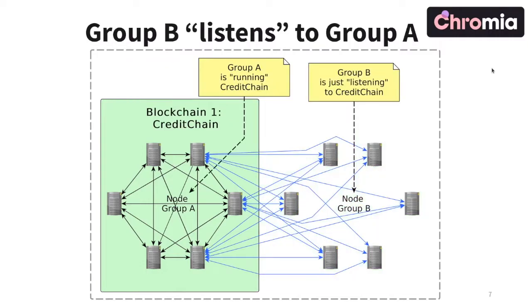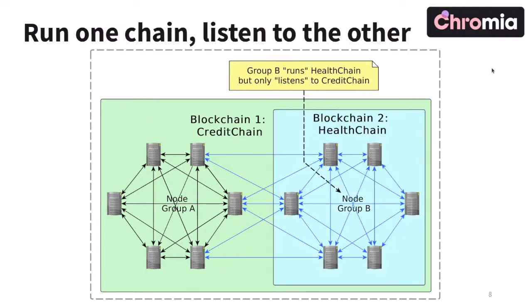But we also support this kind of scenario where the group A nodes are producing data on this dapp, Credit Chain, while group B are just listening in and consuming the data. They are not allowed to build any blocks. And this is supported by Postchain today.